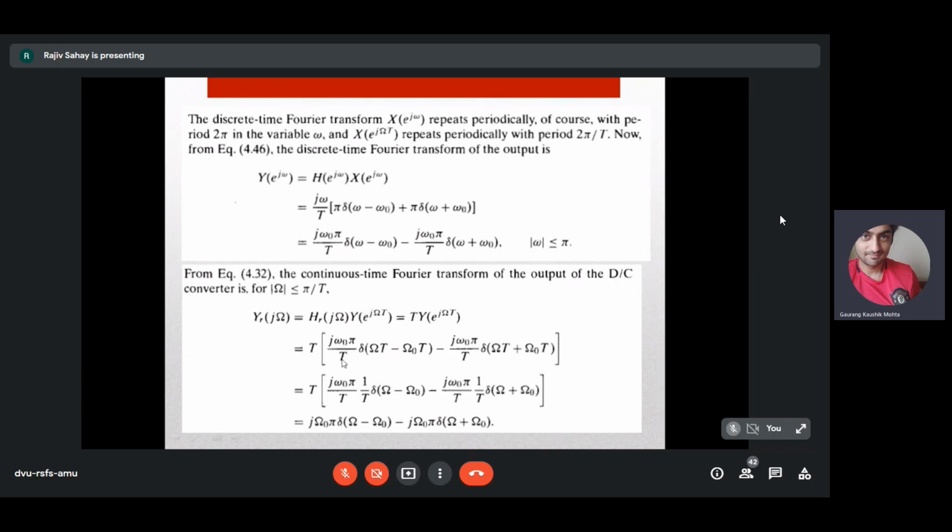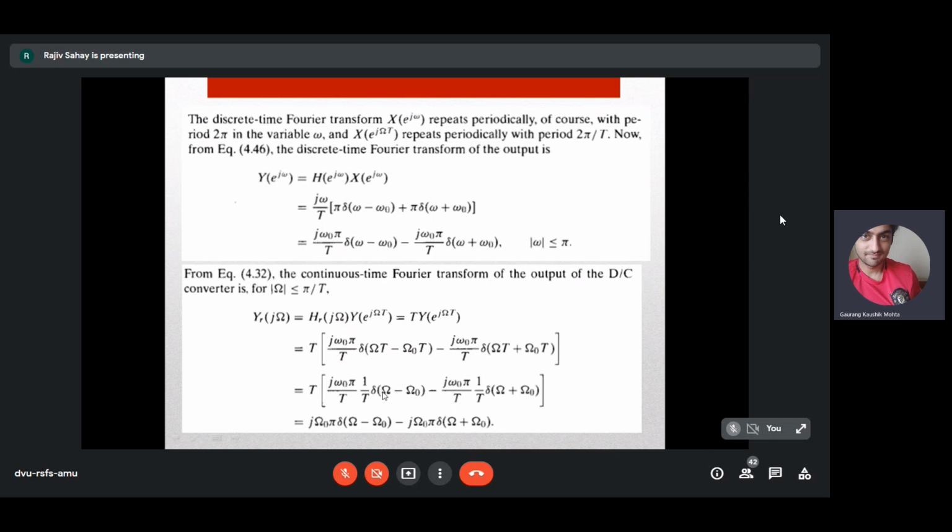So now you have this expression: T into jω₀ by T into π delta of ΩT minus Ω₀T, where we are now expressing small omega in terms of capital omega. If you simplify this, you will arrive at this, because you are using the scaling property of the Dirac delta function.